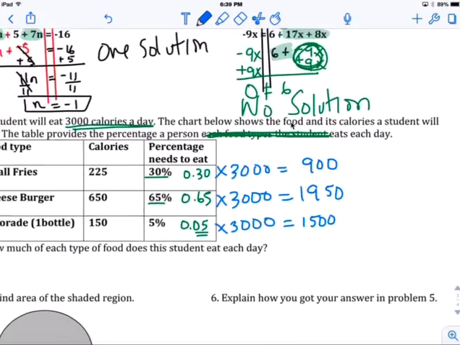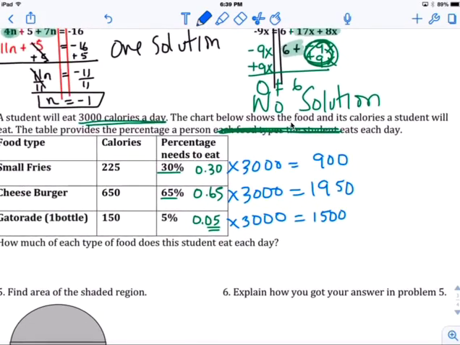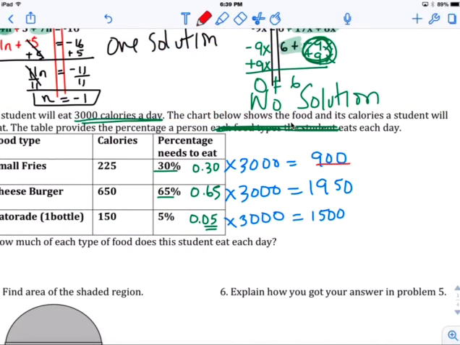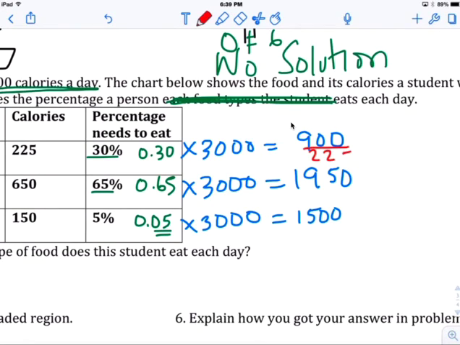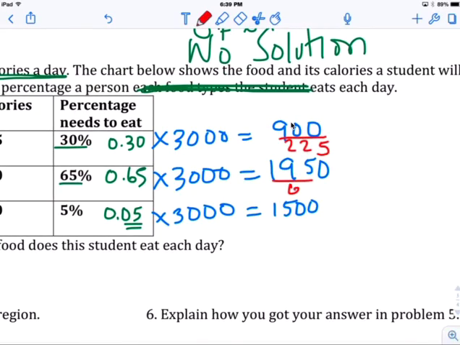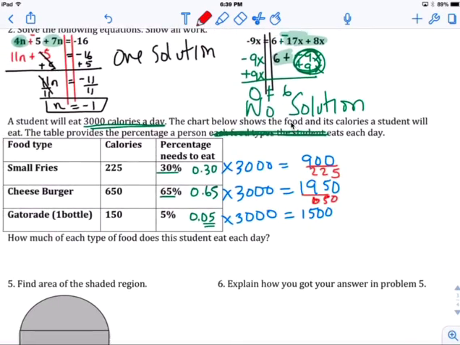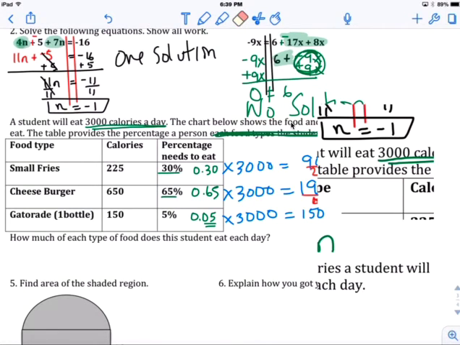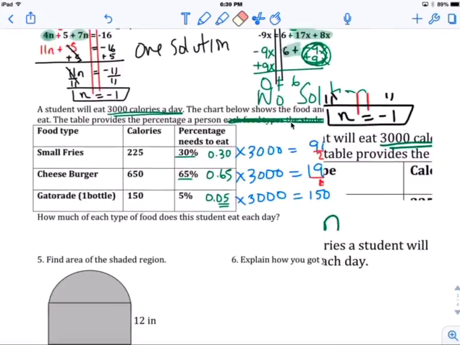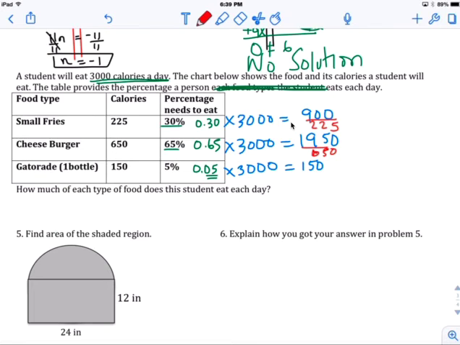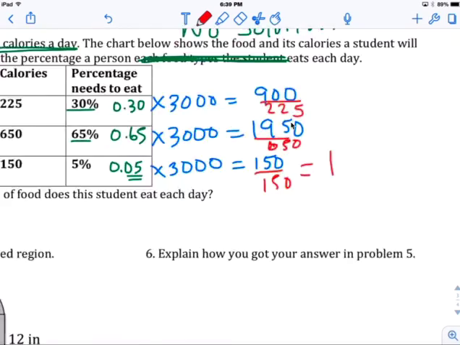All right. Small fries is 225 calories. A cheeseburger is 650 calories. And one bottle of Gatorade is 150 calories. Divided by 150, so you're allowed one bottle of Gatorade a day.